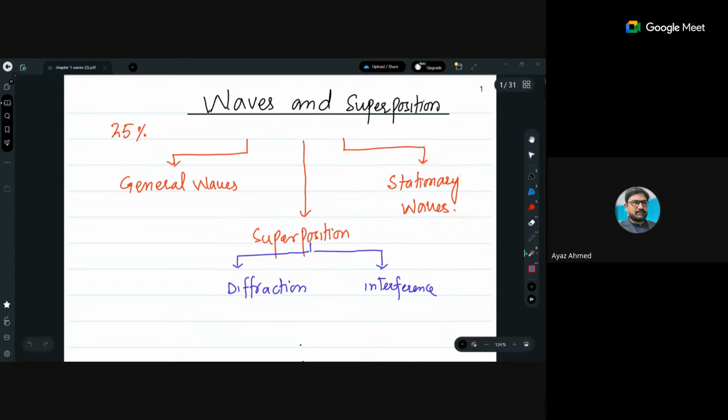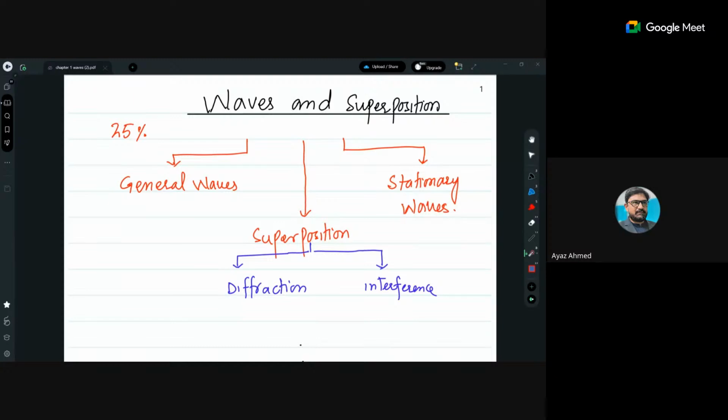This is a totally different and new chapter, because we have not learned anything about it in any previous level, either IGCSE or O levels or any other level. So you have to be very careful about this one. But the overall weightage of this chapter is huge. Almost 25% of questions come from this topic.